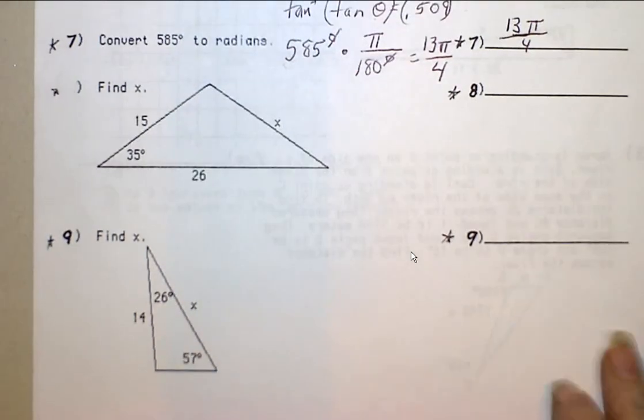When you're dealing with 8 and 9, you have to decide what am I given and which one can I use, because you have the law of sines and the law of cosines.